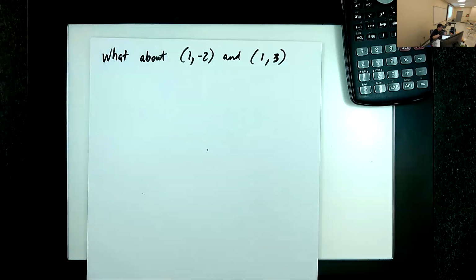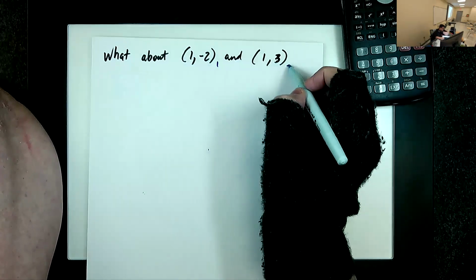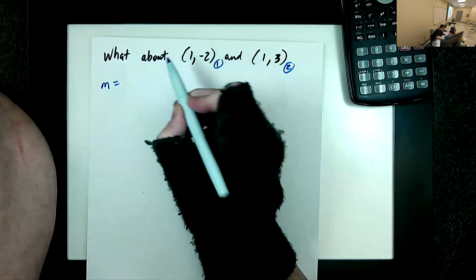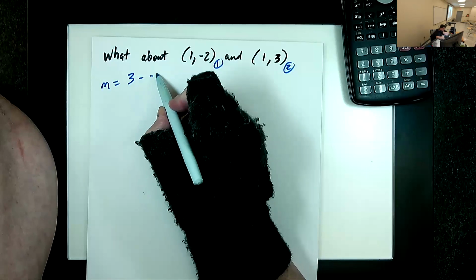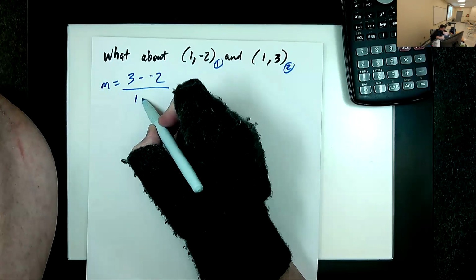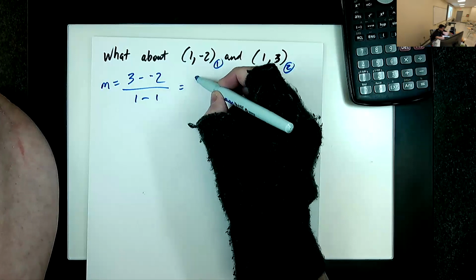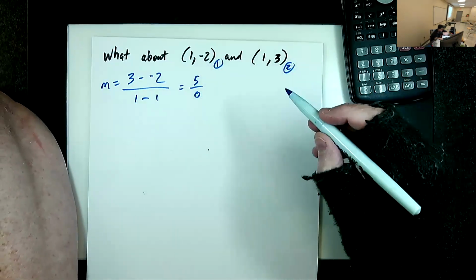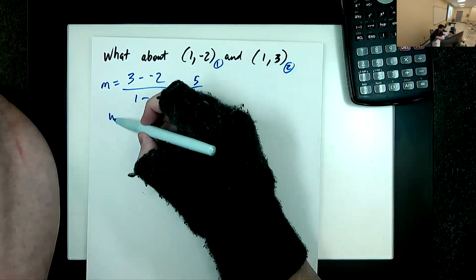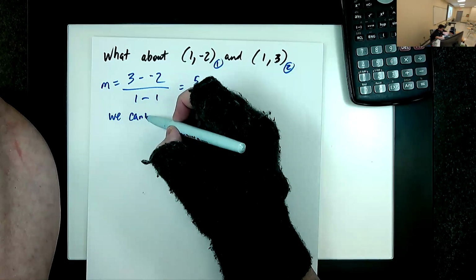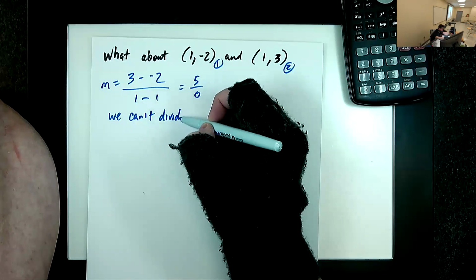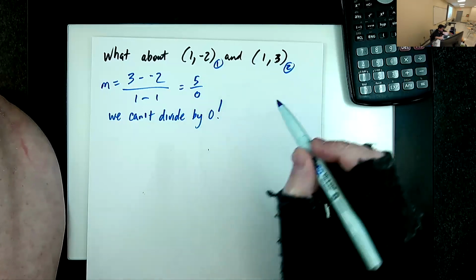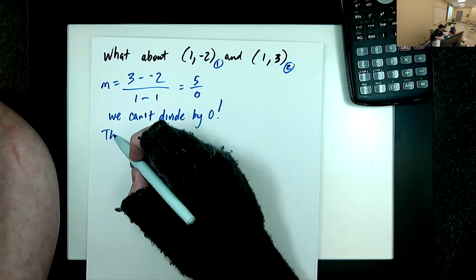So if you work through this, go 3 minus -2 over 1 minus 1. It's 5/0. We can't divide by 0. So we say the slope is undefined.